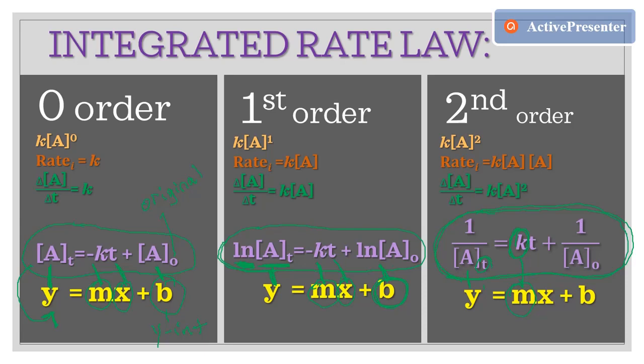When you start doing the math and getting practice at it, you'll just notice that it starts turning out positive. Because the other ones, the zero order and first order, they usually turn out negative. So the slope is positive in this format, and that's the rate constant k. Your x is your time, and your b, your y-intercept, is 1 over the original concentration that you started out with for A.